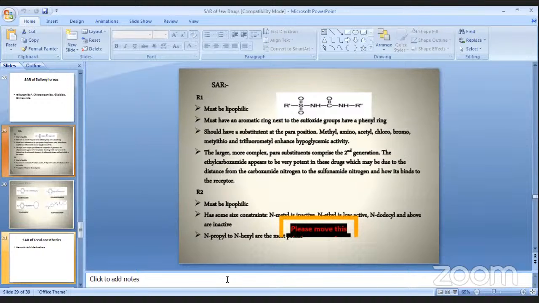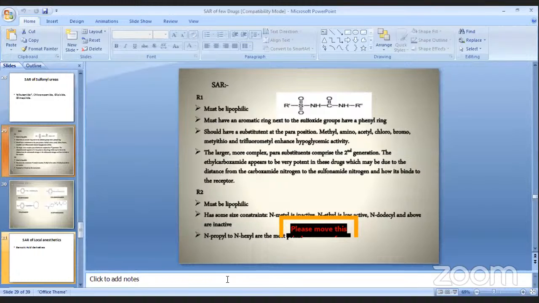But if you go up to N-dodecyl and above, it becomes inactive. So N-methylation gives some activity, while N-propyl or N-hexyl is more potent. In chlorpropamide, this R2 is a propyl group, and if it is a hexyl group, it is a very potent drug.